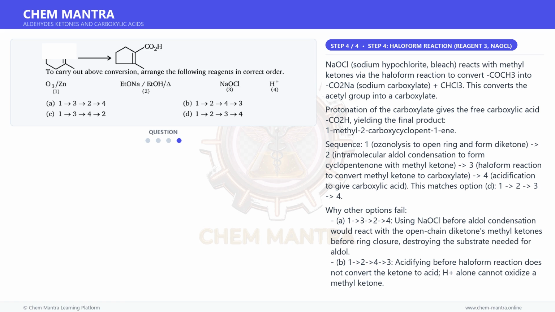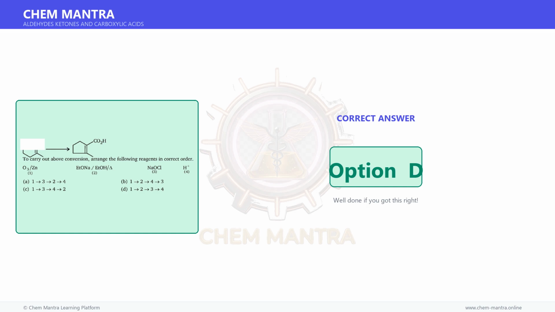H+ alone cannot oxidize a methyl ketone. C. 1, 3, 4, 2. Same problem as A. Haloform before aldol loses the methyl ketone needed for the ring-forming aldol. Therefore, the correct answer is option D.